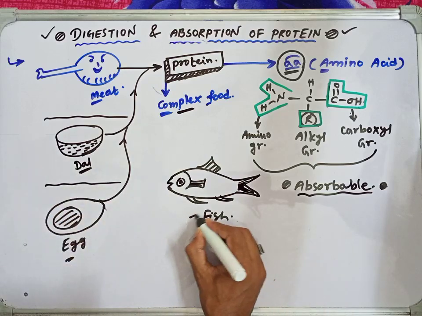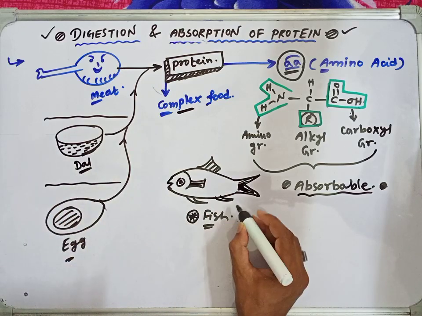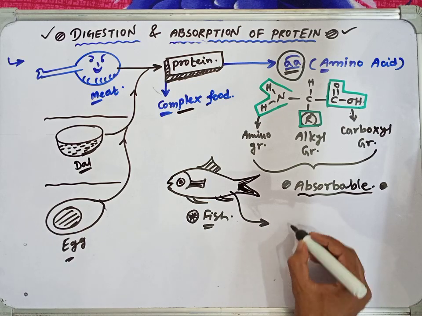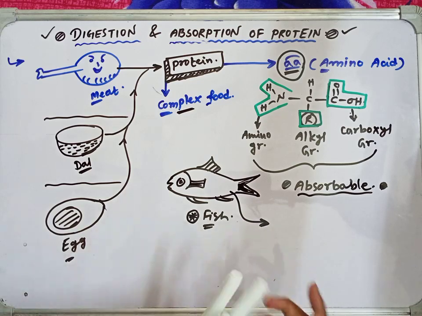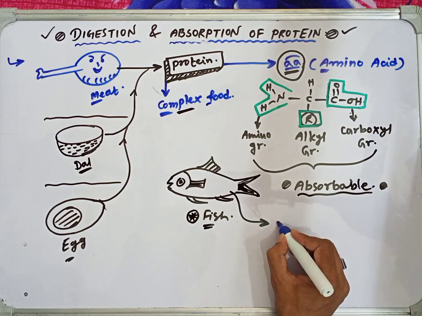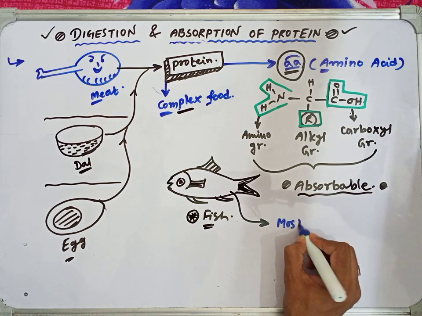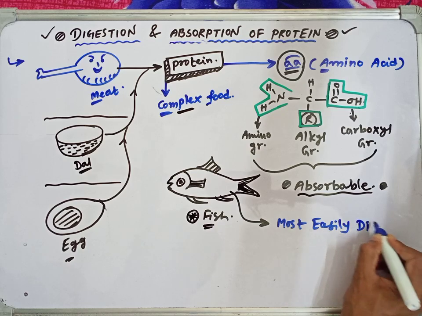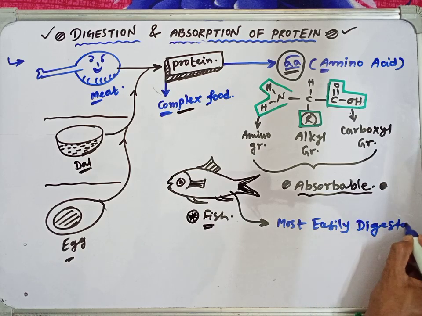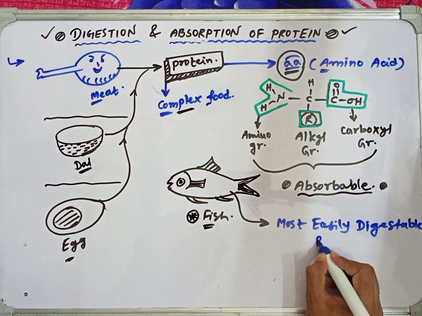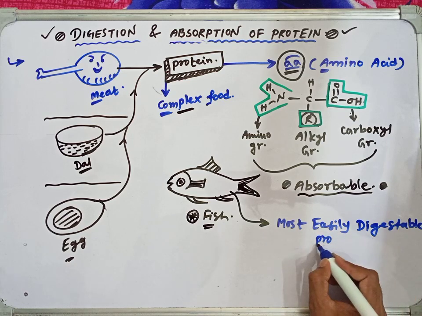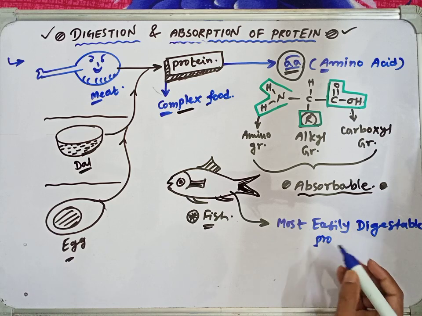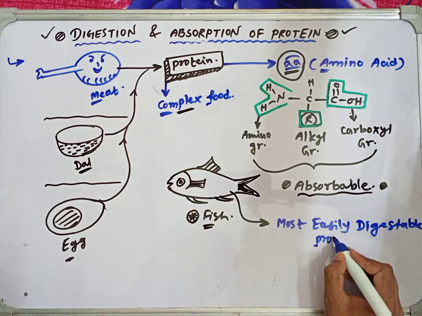And more information: fish contains the most easily digestible protein. That is important from an MCQ or short question point of view.